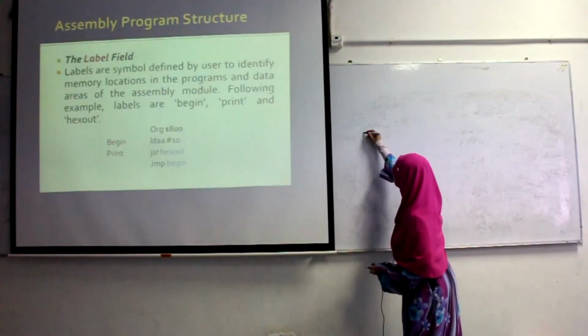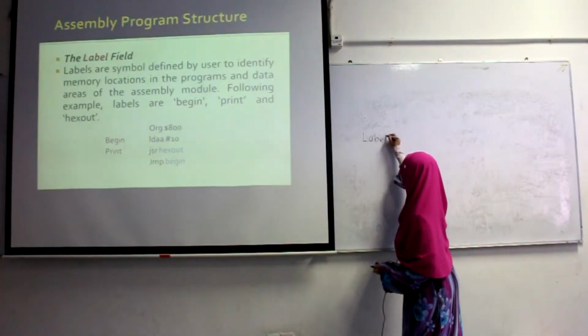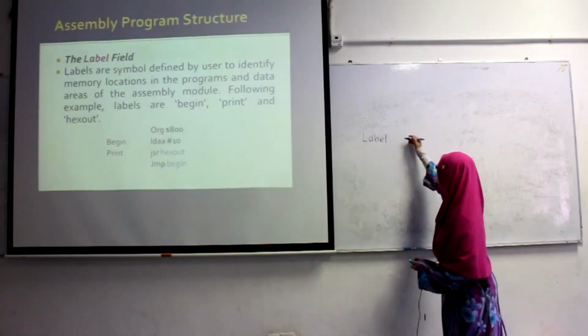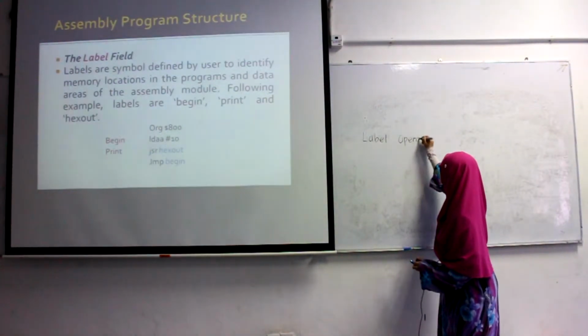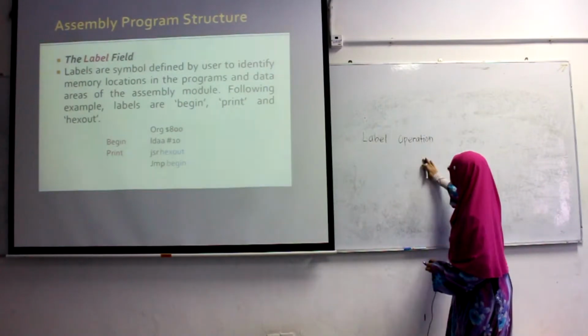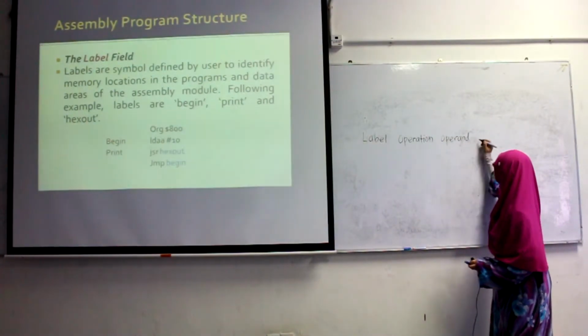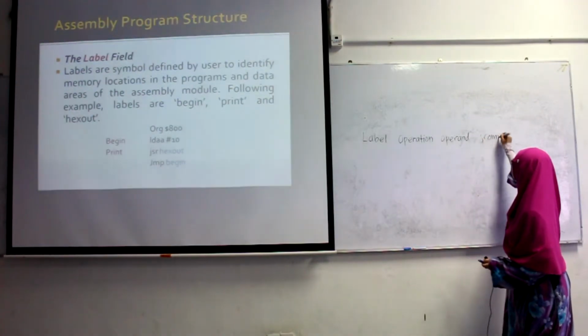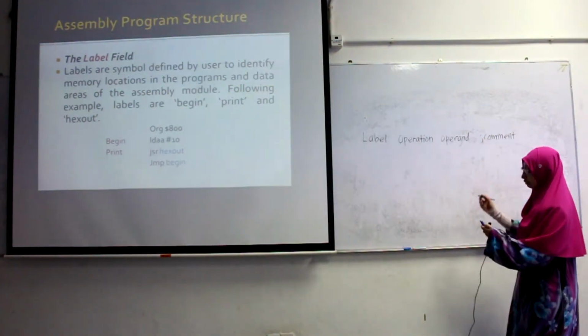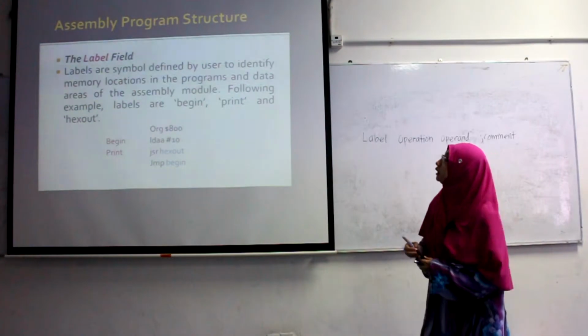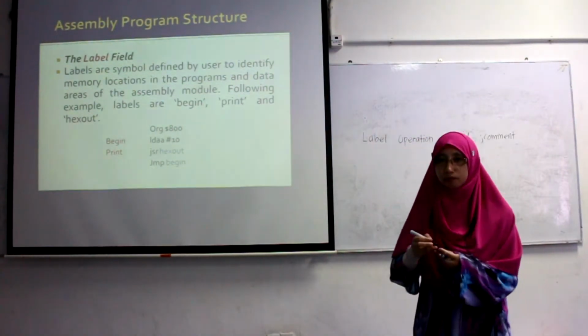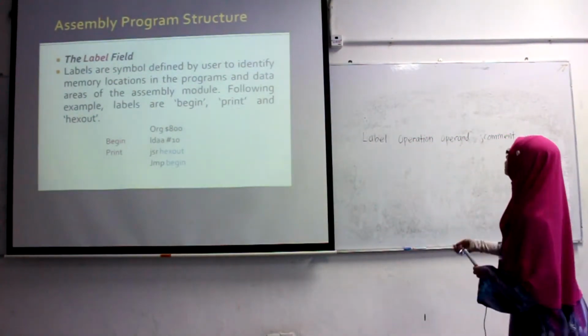The first column is for the label, the second column is for the operation field, the third column is for the operand, and the last column is for the comment. Every assembly language program follows this structure.